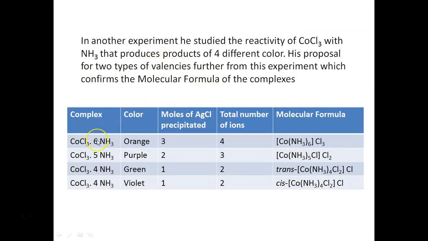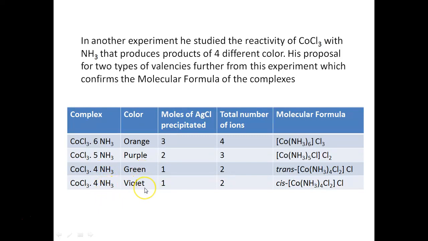In another experiment, he performed the same activities on the cobalt system, and he obtained these results. It shows that with 6 ammonia, 5 ammonia, and 4 ammonia, differently colored complexes were produced, and afterwards he proposed the molecular formulas in this way. Here we would like to look at the last two molecules. They are basically isomers having the same molecular formula.